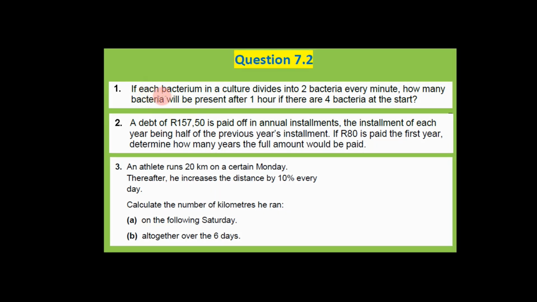Let's look at your answer to this question. It says, if each bacterium in a culture divides into 2 bacteria every minute, how many bacteria will be present after 1 hour if there are 4 bacteria at the start? We can start by drawing a picture, and we're going to start by looking at what happens to 1 bacterium.